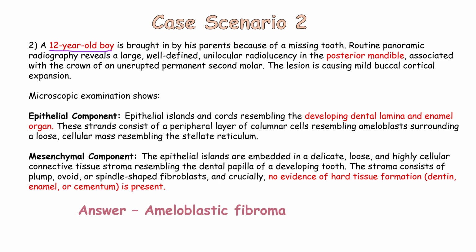But adenomatoid odontogenic tumor has predilection for females and for the maxilla, not for the mandible. It is mentioned as posterior mandible, and ameloblastic fibroma has predilection for posterior mandible only. In the mesenchymal component, there is no evidence of hard tissue formation. It strongly indicates that it is ameloblastic fibroma.